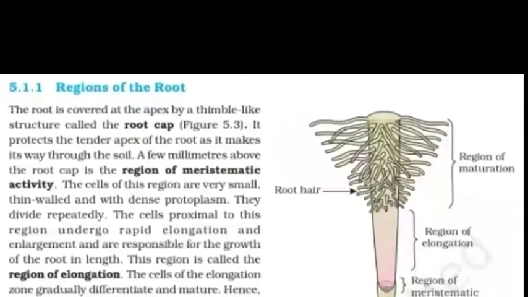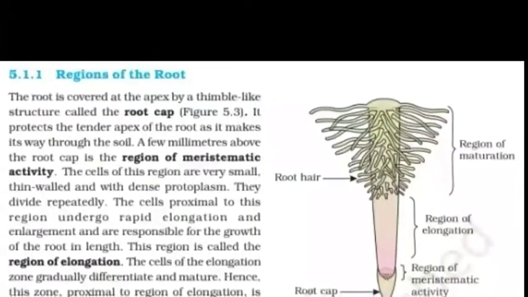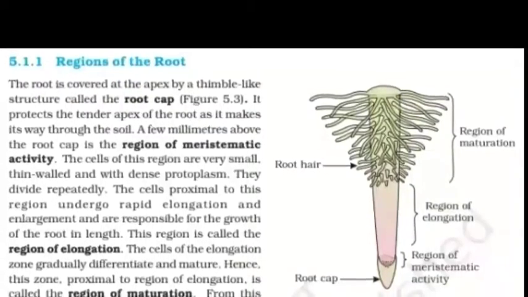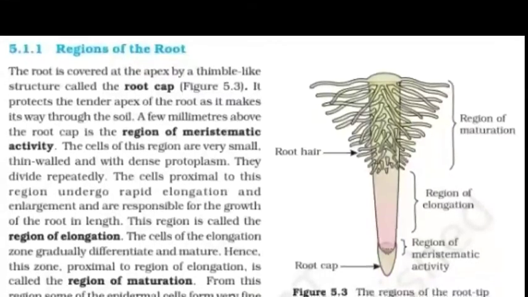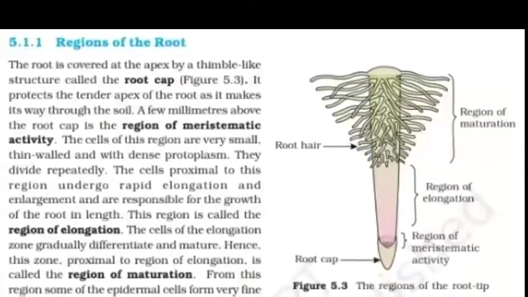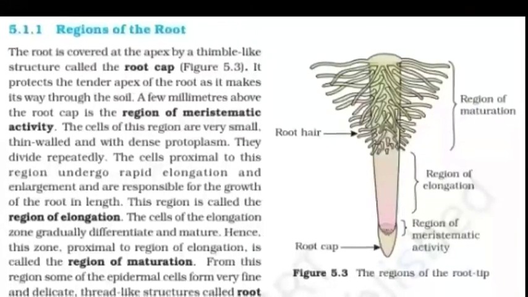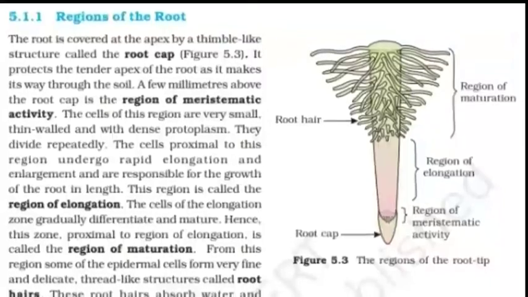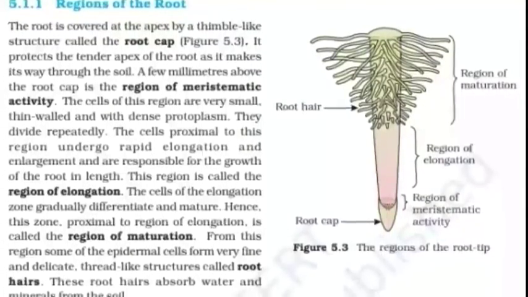Regions of the root. The root is covered at the apex by a thimble-like structure called the root cap. It protects the tender apex of the root as it makes its way through the soil. A few millimeters above the root cap is the region of meristematic activity.